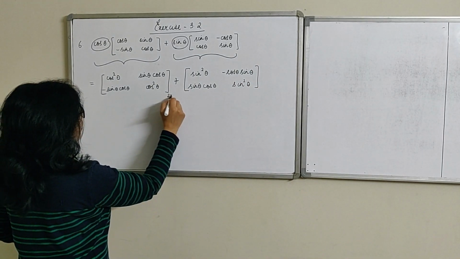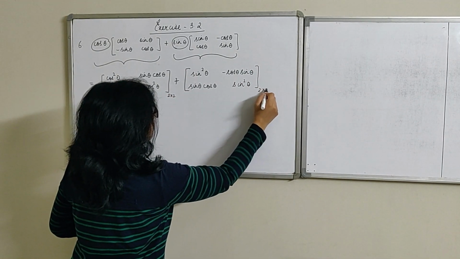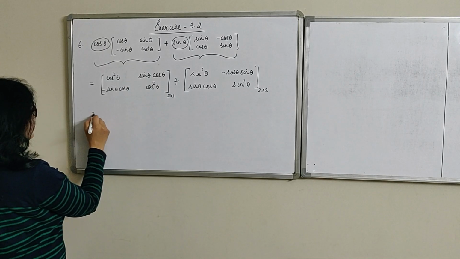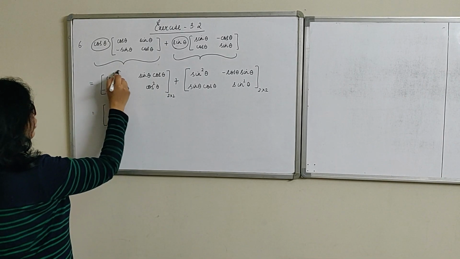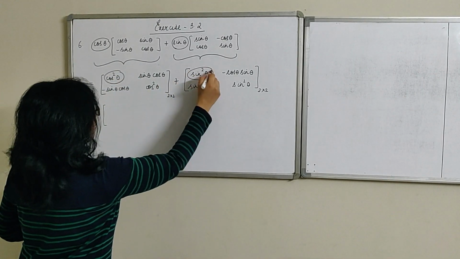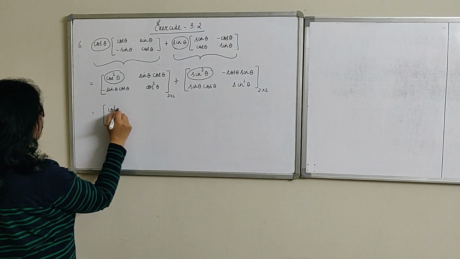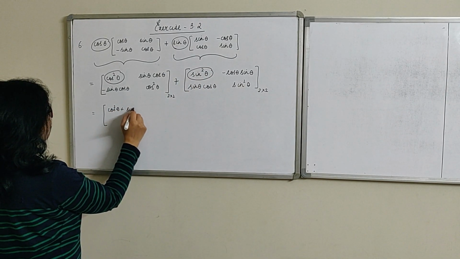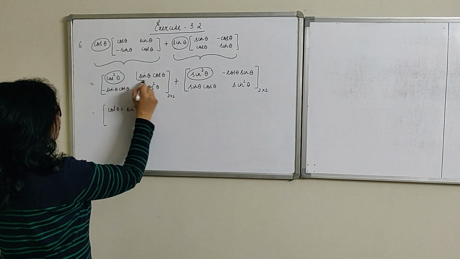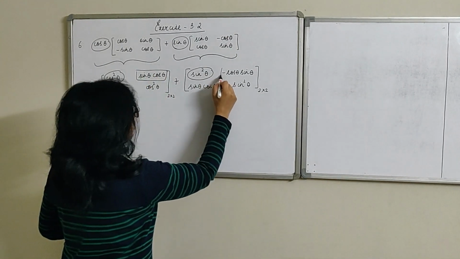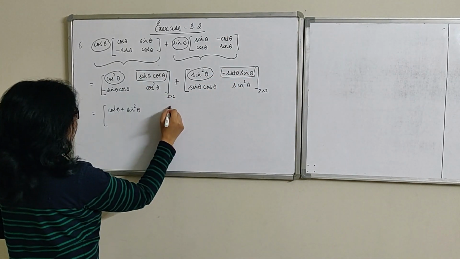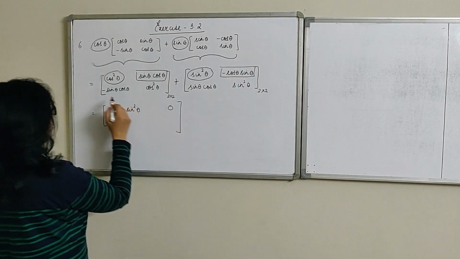This is a 2 by 2 matrix and a 2 by 2 matrix, so matrix addition is easily possible. Adding corresponding elements, cos square theta plus sin square theta; sin theta cos theta minus sin theta cos theta will cancel out to give 0.